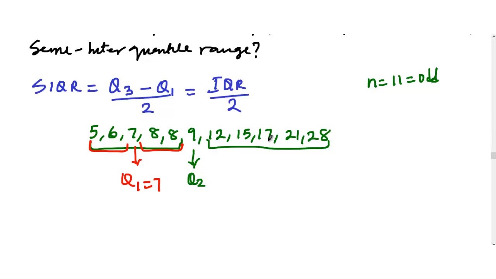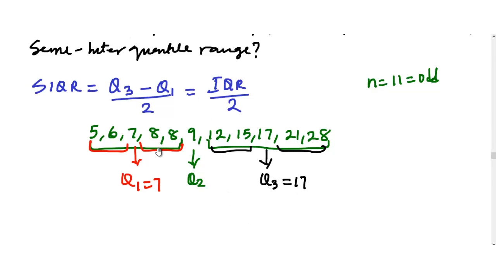Then for this other half of the data, the median is Q3. If you pick this and this, this is our Q3, which is 17.